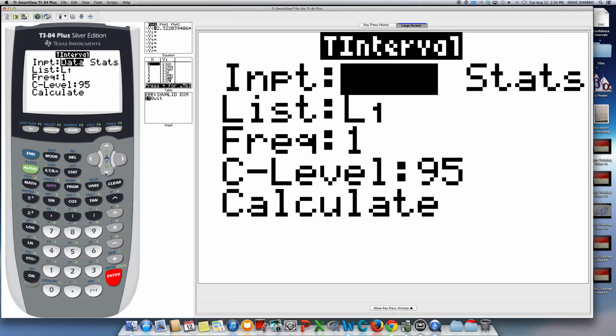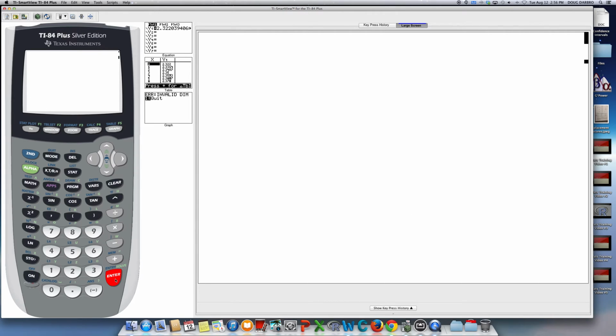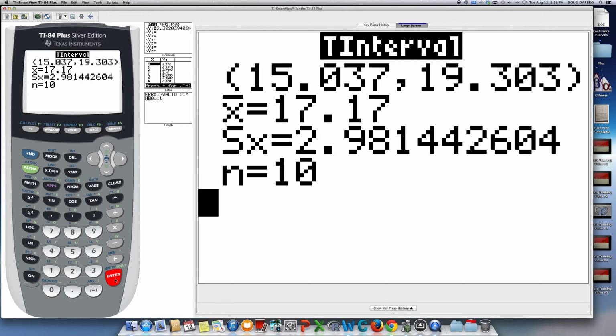We have our data in L1. We want a 95% confidence level. And we can calculate and get our answer. So 15.04 to 19.3 is what we came up with, which is exactly what the calculator gave us.